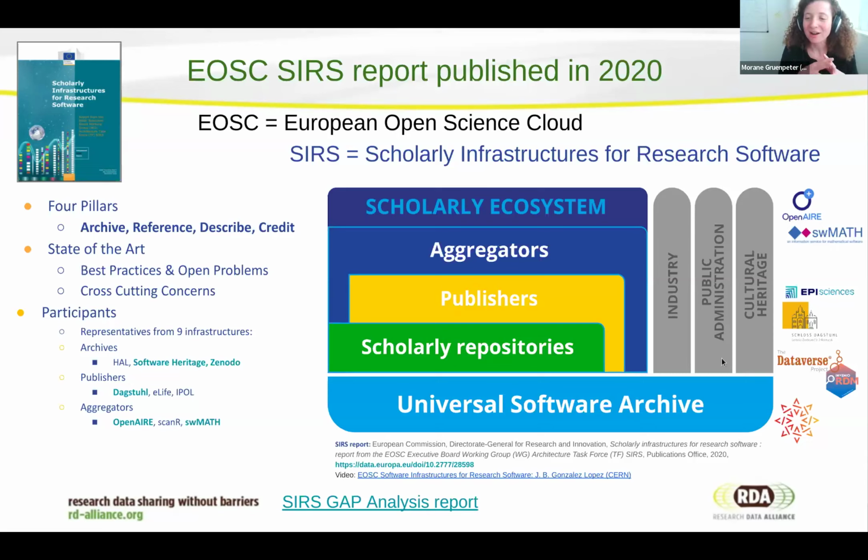And here we see a diagram from the Scholarly Infrastructure for Research Software report published in 2020, introducing the four pillars that I've just described: archive, reference, describe, and cite, and providing recommendations for the scholarly infrastructure to make software a first-class citizen.